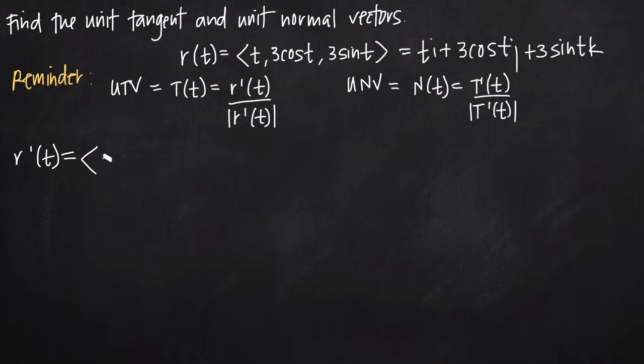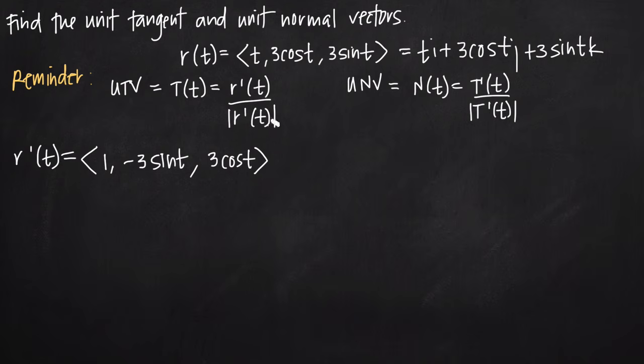The derivative of t is 1. The derivative of 3 cosine t is negative 3 sine of t, because the derivative of cosine of t is negative sine of t. So we just pull that negative sign out in front of the 3, and the 3, of course, is going to stay. Then the derivative of 3 sine of t is 3 cosine of t. So now here we have the derivative r prime of t. We're going to need that for our numerator.